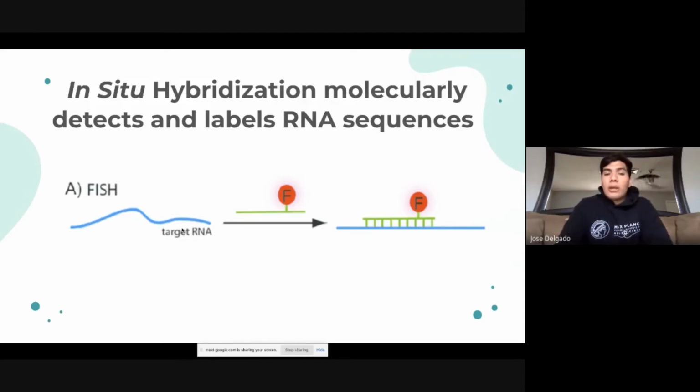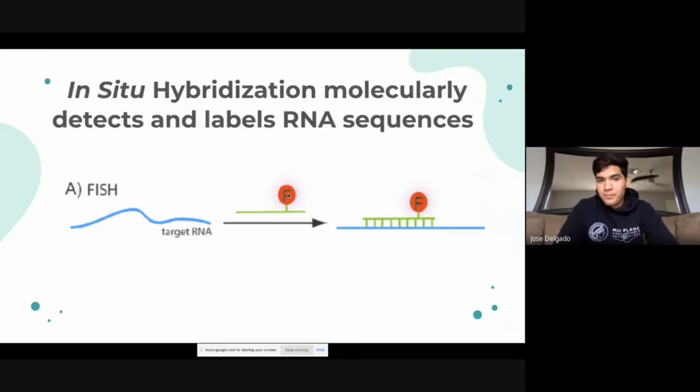So I have my target RNA, and I have to create a complementary sequence that attaches to this RNA strand. And that's represented by this green structure. This green structure also has this bright red dot, and that F stands for fluorescence. So basically, if I look under a microscope to observe these probes, as I call them, I'm going to be able to see a bright red light.